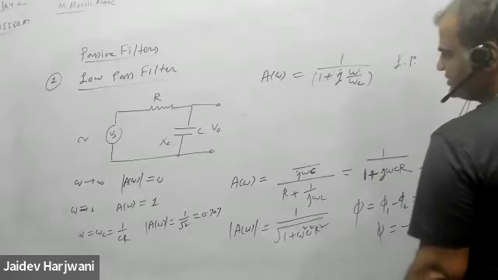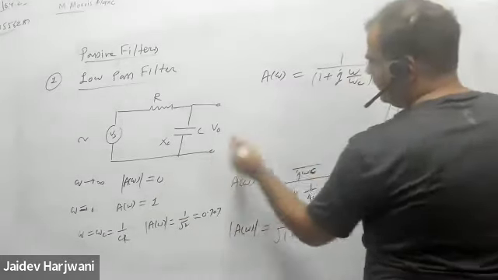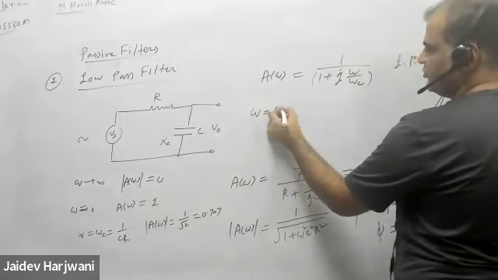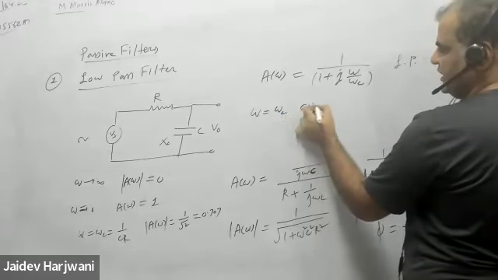Now, what is the cutoff frequency? I have defined it here: omega equal to omega C is the cutoff frequency.